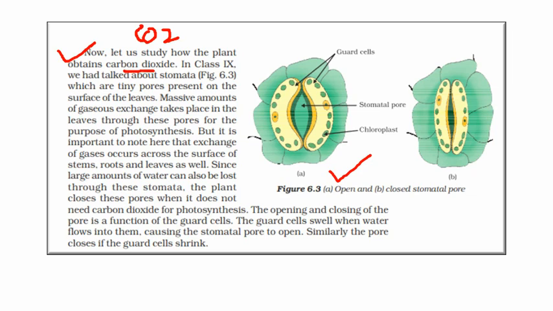Stomata are the tiny pores present on the surface of the leaves, and a massive amount of gas exchange takes place in the leaves through these pores.